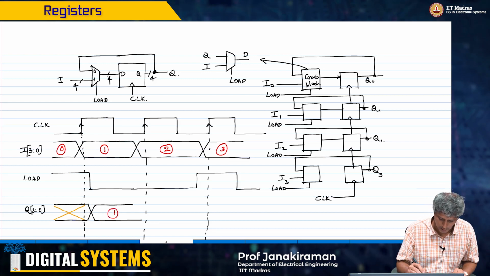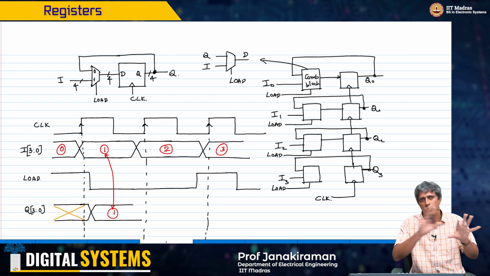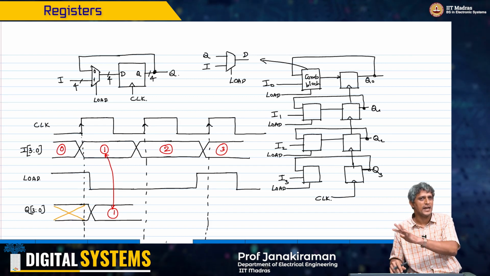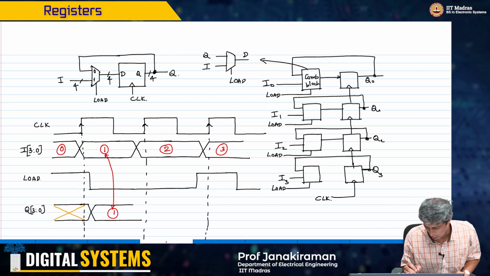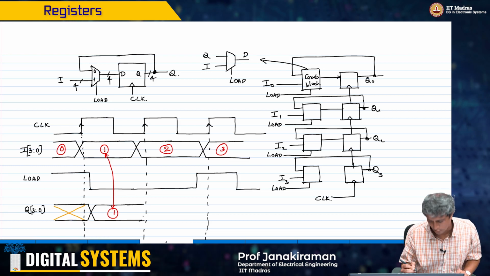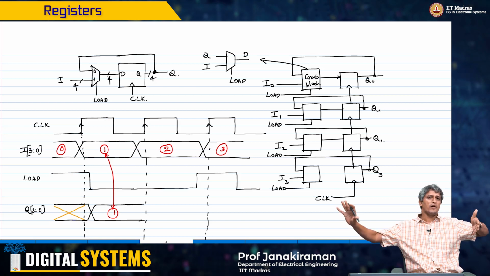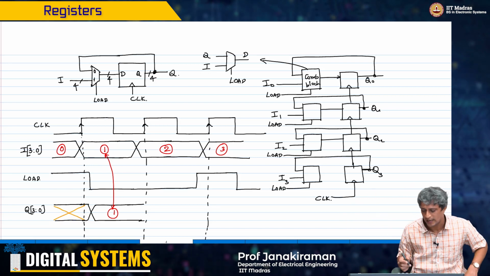Okay, and like I told you in the earlier case, these two are exactly the same because there is no combinational logic that is altering this. It is just sending I directly to the output on the clock edge, right? So you come, and of course since it's a D flip-flop, remember Q will simply remain at that value until the next sampling edge, right?